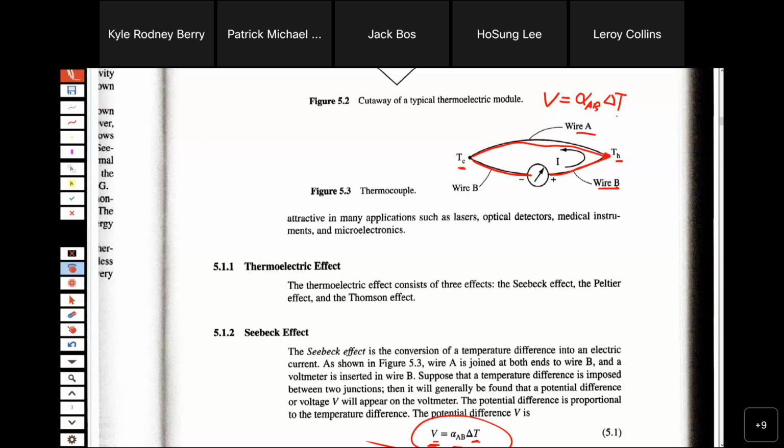Temperature difference is TH minus TC, so hot and cold. I think the sign is not correct. No, maybe correct.